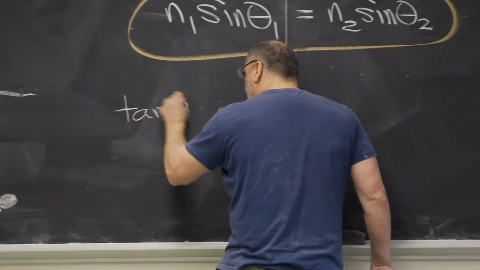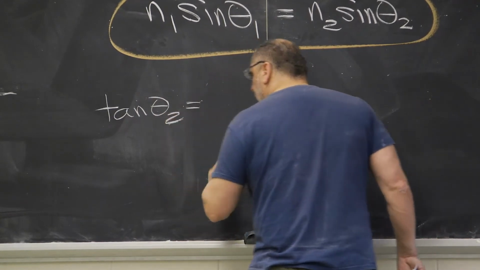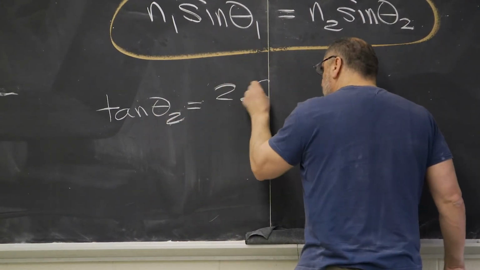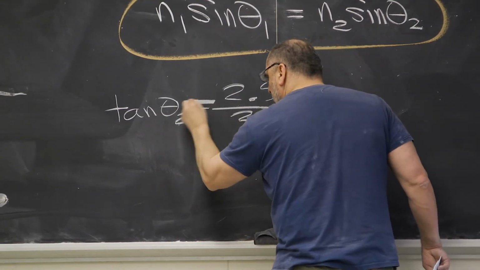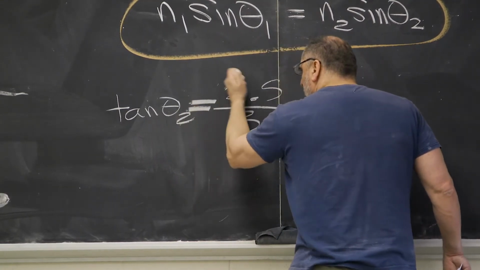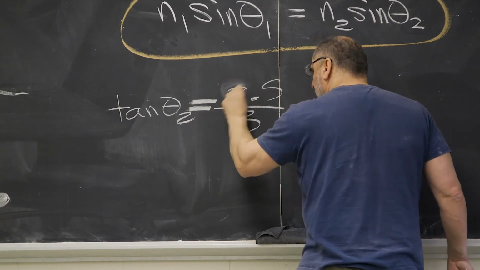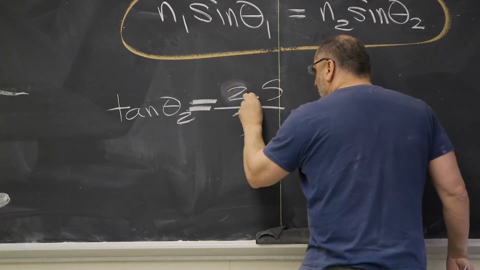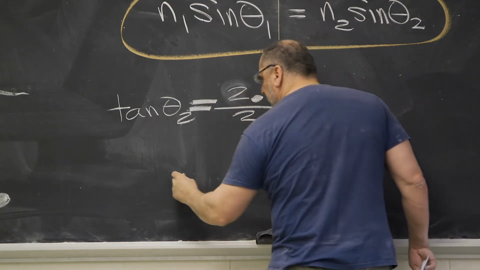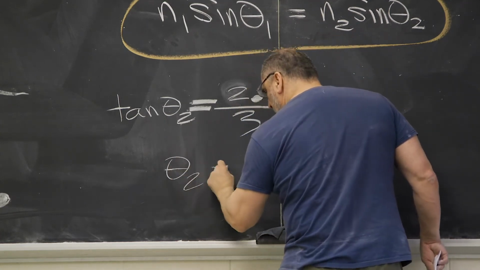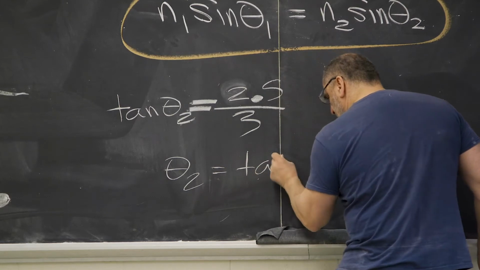The tangent of theta 2 is 2.5 meters divided by 3 meters. Theta sub 2 is equal to the inverse tangent.